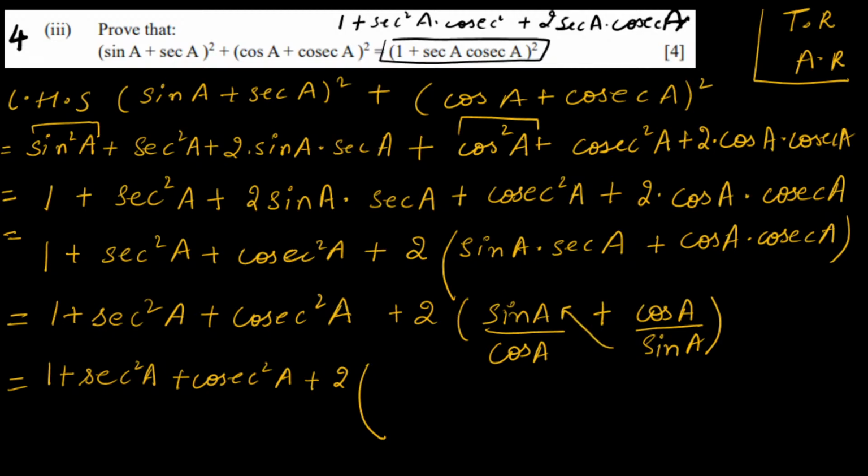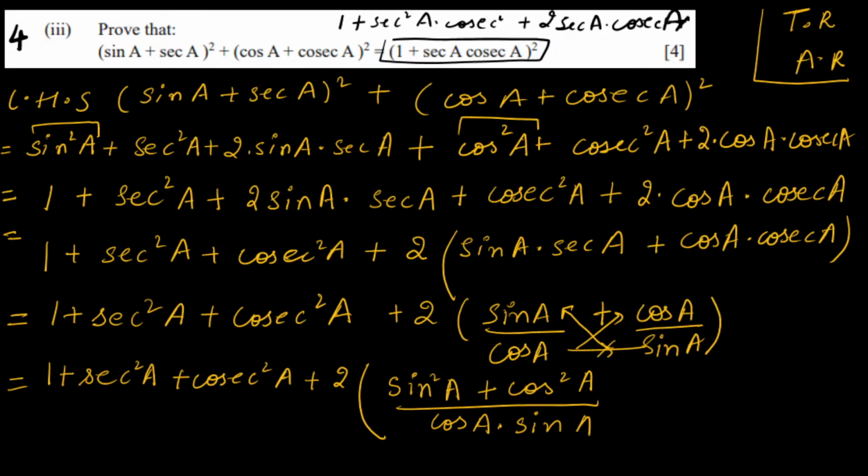So cross multiplication: sine into sine is sine square A, cos into cos is cos square A, and the denominator is the multiplication of each other, so cos A into sine A. Now sine square A plus cos square A by sine A cos A into sine A. Yes, so we have got that.